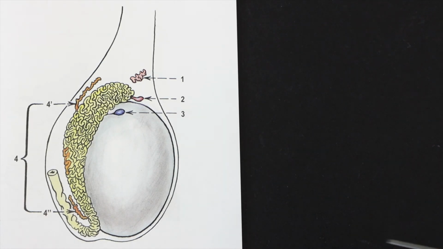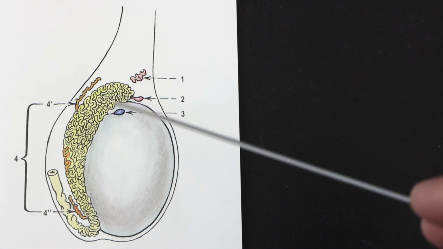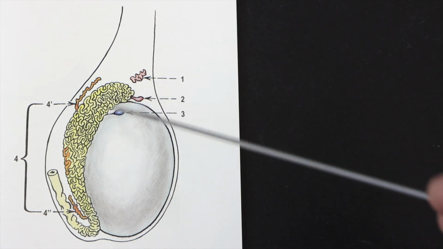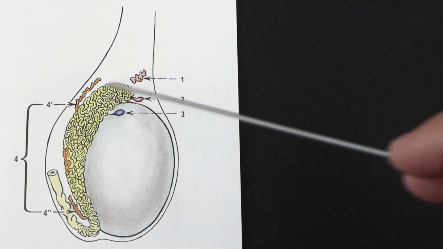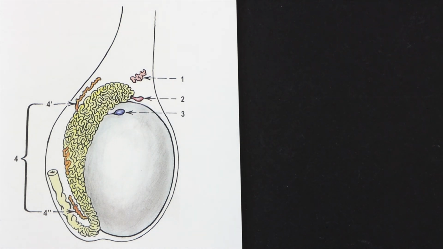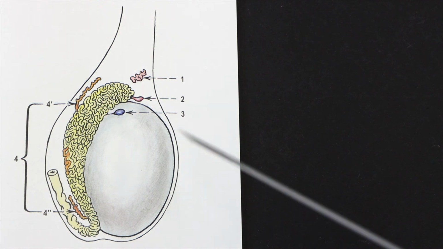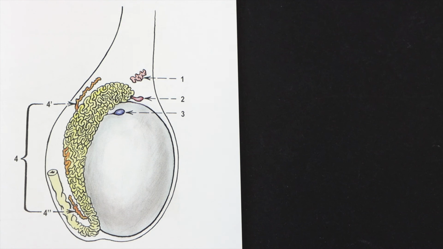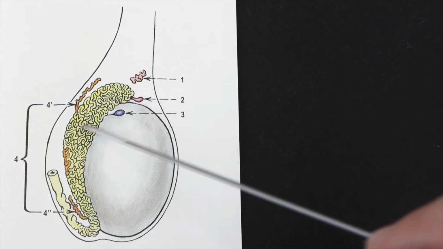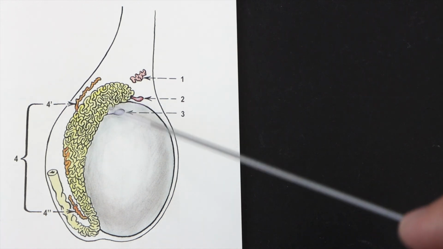Regarding the epididymis, as we mentioned, it is located on the posteromedial surface of the testis. Toward the head of the epididymis go the efferent ductules, which continue as 8 to 12 canals that make the lobules of the epididymis.